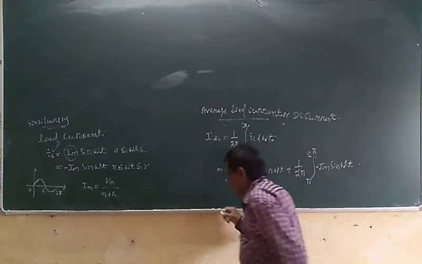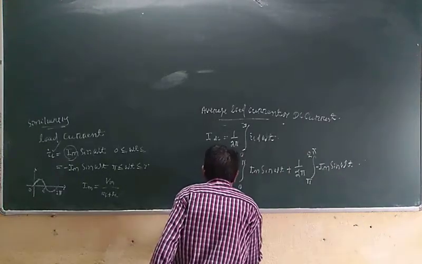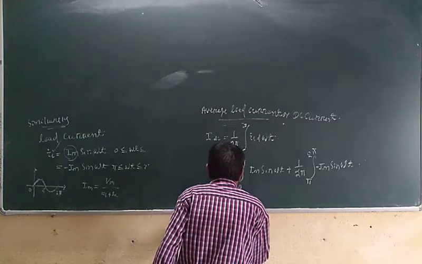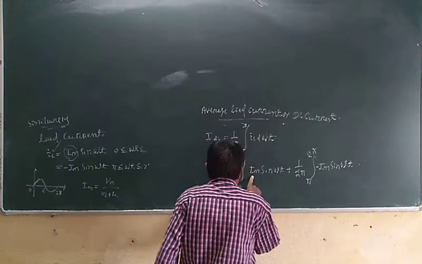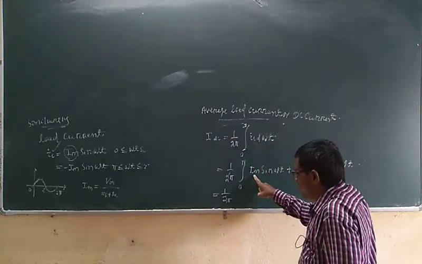Again we calculate, that is 1 by 2 pi, and Im is a constant because that is the maximum point.